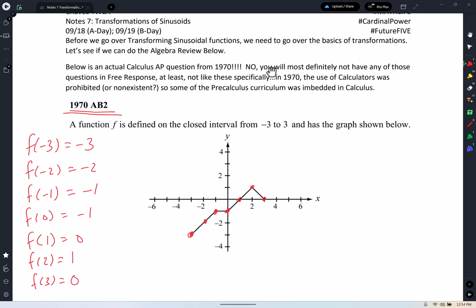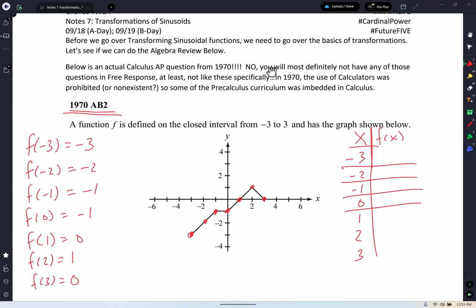And I'll make a table so you can see all the different ways we can grab this information here. -3, -2, -1, 0, 1, 2, 3.